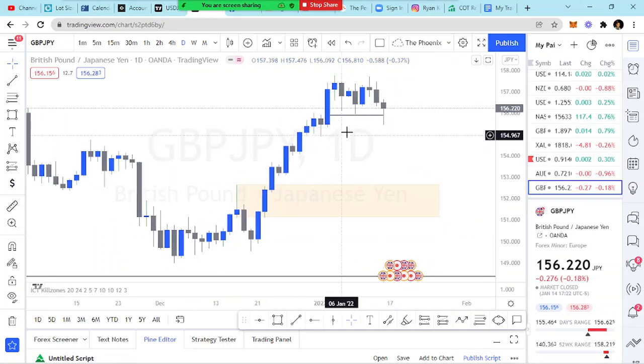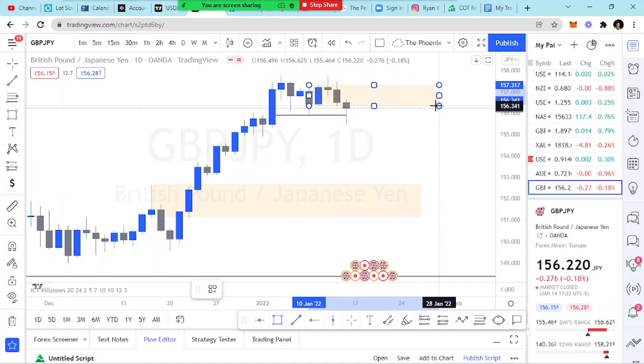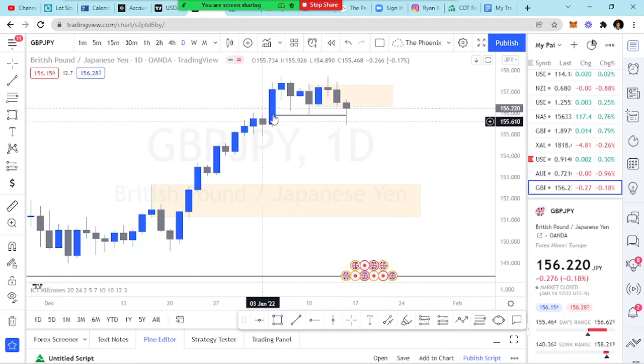But if price closes below this low here, this order block would be a point of interest, unless it creates a breaker block somewhere in here.